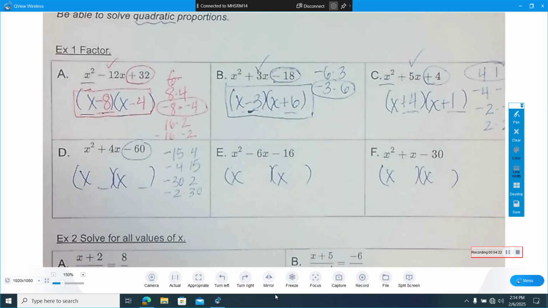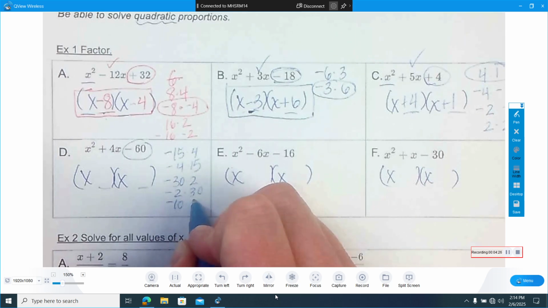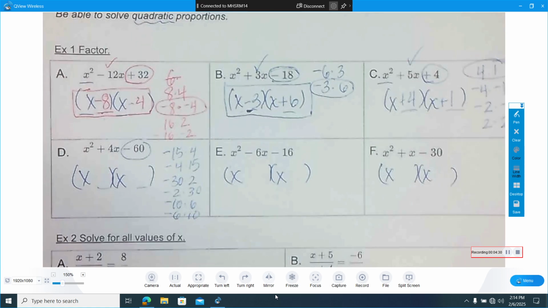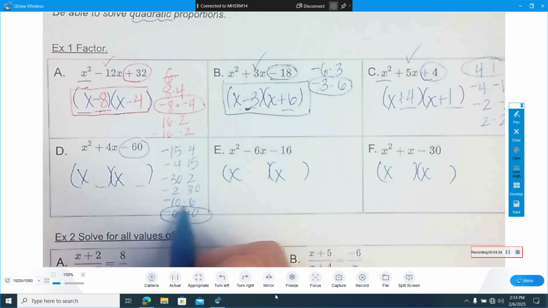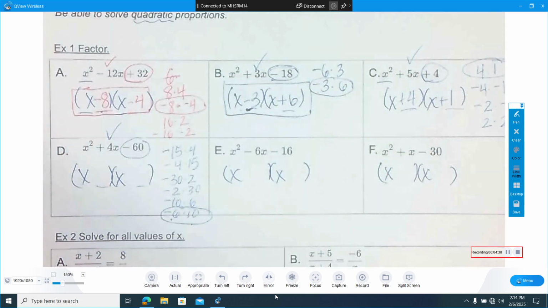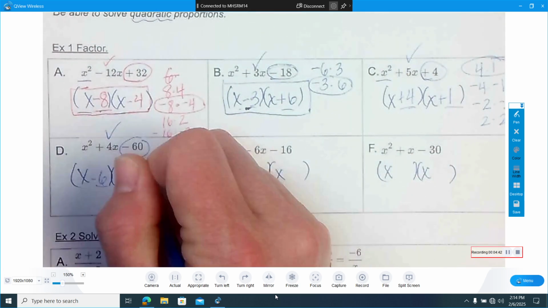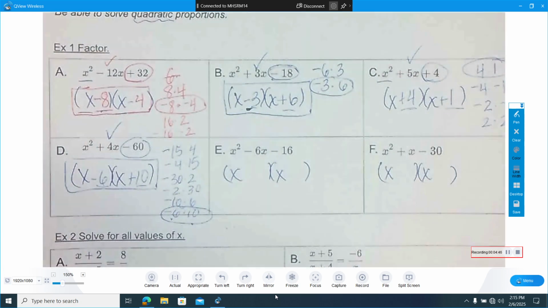Good. What else? Negative 10 and positive 6, or negative 6 and positive 10. Is that the winner? Yeah. Negative 6 and positive 10 give us a 4 when we add them up. So that's our winner. Negative 6 and a positive 10. And we're done. Pen is dead.